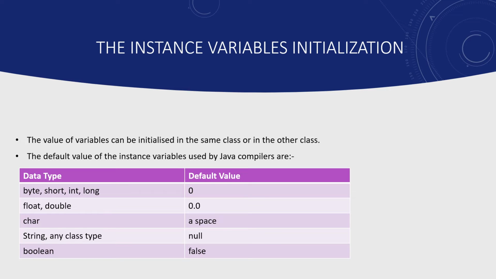For data types byte, short, int, and long, the default value is 0, whereas for float and double, the default value is 0.0. For char, it is a space. For String, it is null, and for boolean, it is false. For any other class type, the default value will also be null.